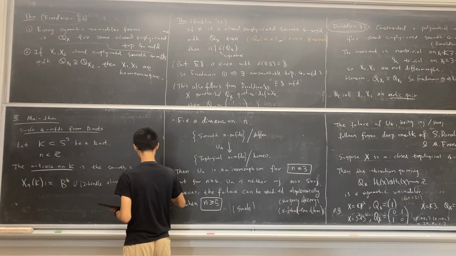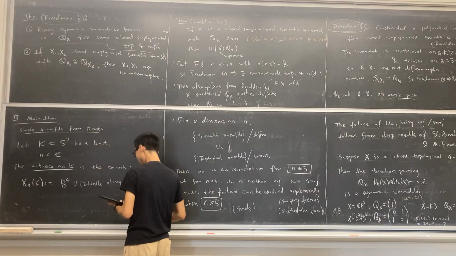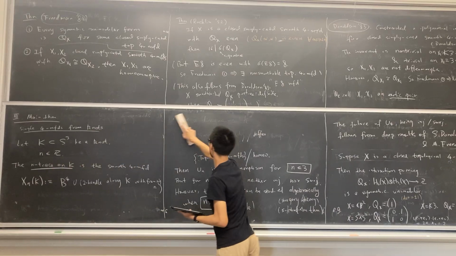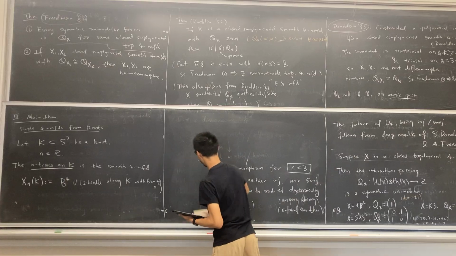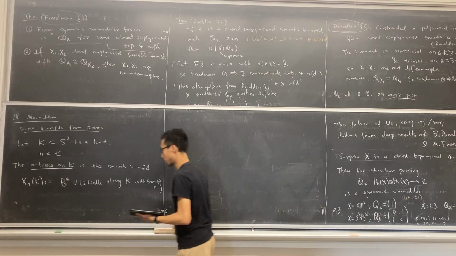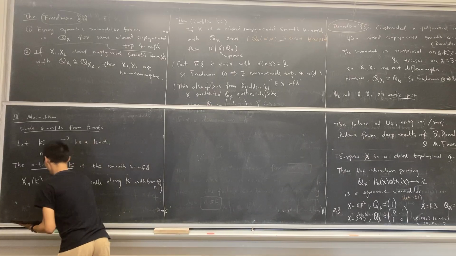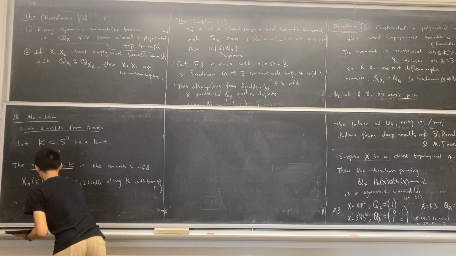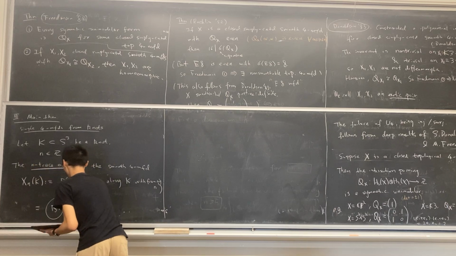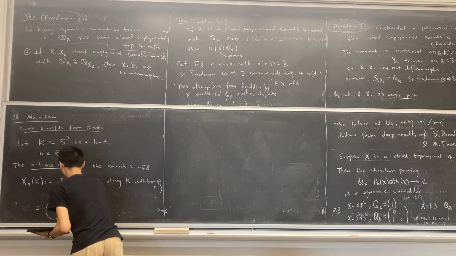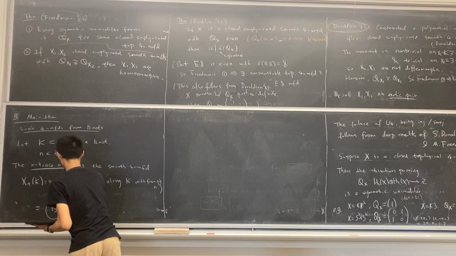I'm going to explain this in more detail. So what does this mean? Maybe I'll also draw a picture. Take the four-ball. You take a knot K on the boundary. Attach a two-handle like this.